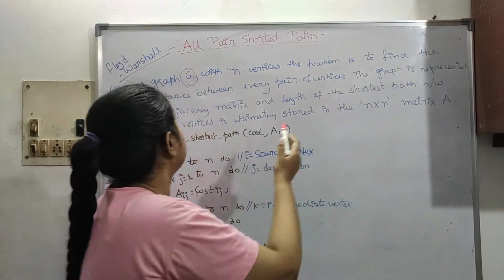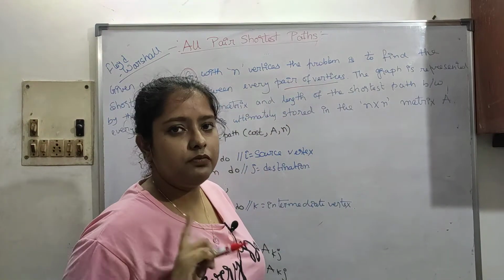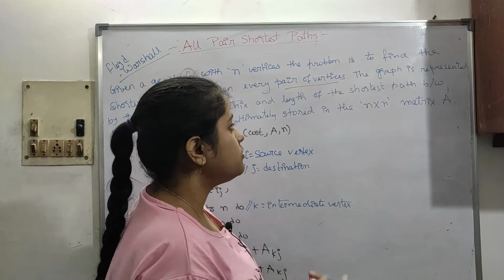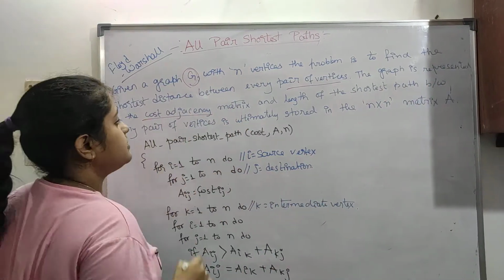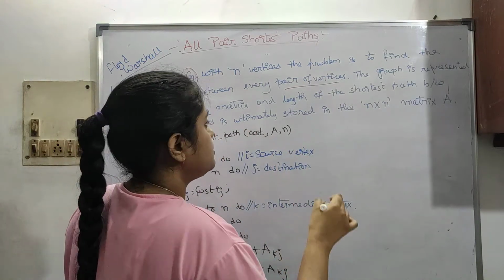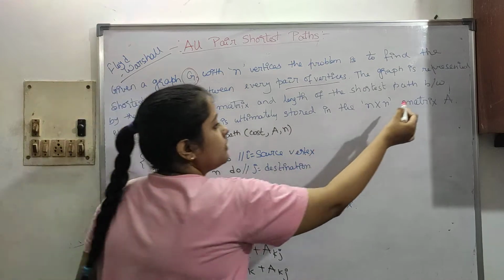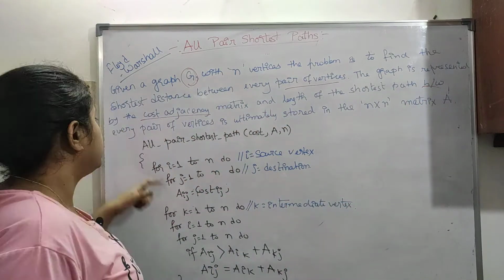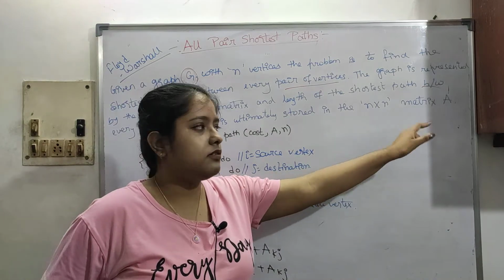The problem is to find the shortest distance between every pair of vertices. The graph is represented by a cost adjacency matrix, and the length of the shortest path between every pair of vertices is ultimately stored in an n cross n matrix A.